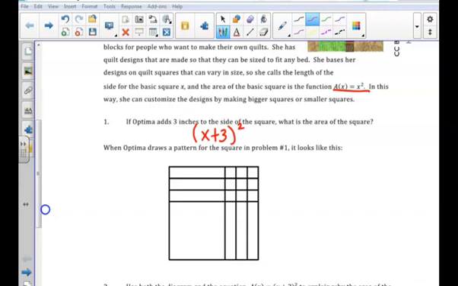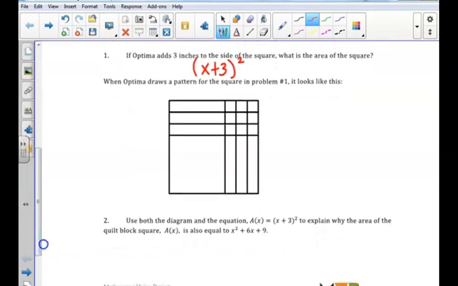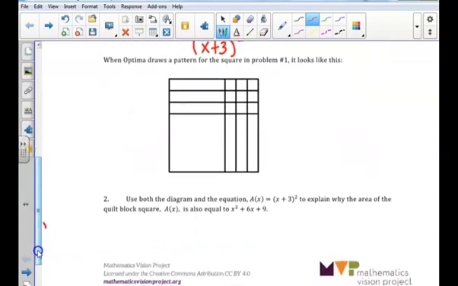We are then asked to use the diagram provided and the equation of x to explain why the area of the quilt block can also be written as x squared plus 6x plus 9. If we refer to the diagram, we can determine that this is an x by x square, so the area of the square in the bottom left is x squared. Each rectangle represents a length of x by 1, so each rectangle has an area of 1x.